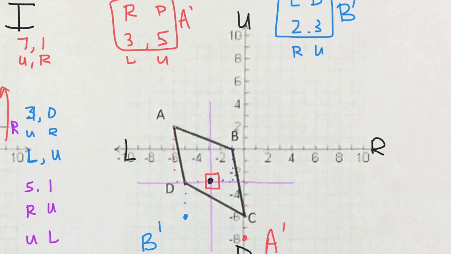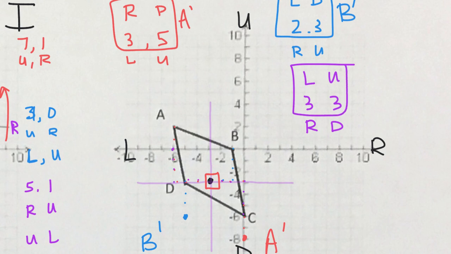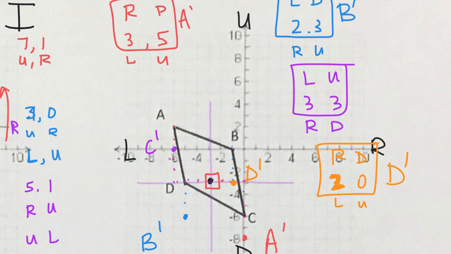We're going to do a similar thing with C and D. I messed up on D. D's only 2 over.